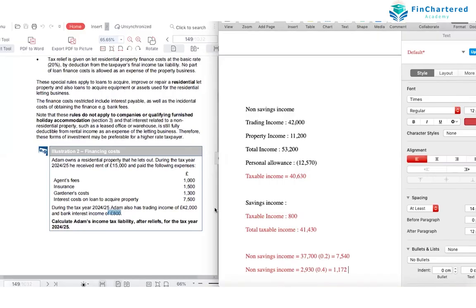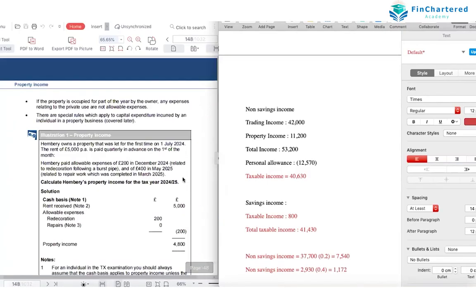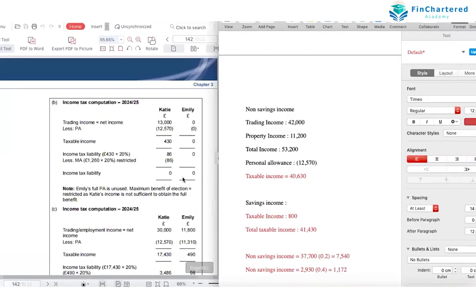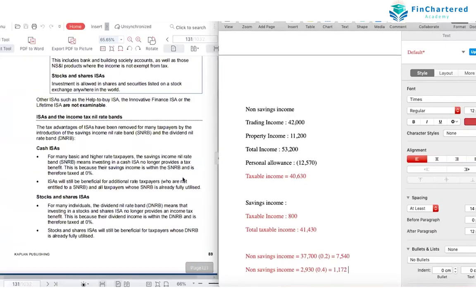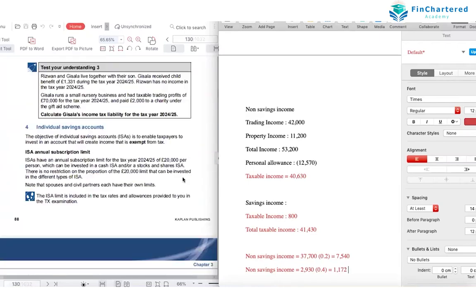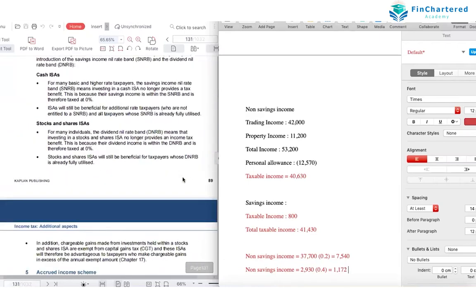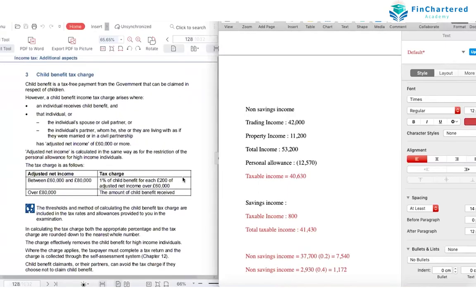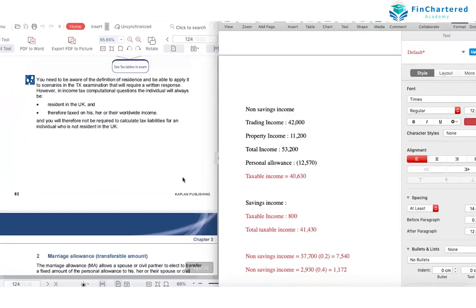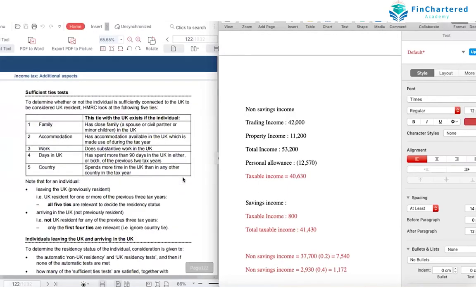So again, if we've gone through the savings income, remember, going to that specific topic which was done recently. I think last class we looked at that.